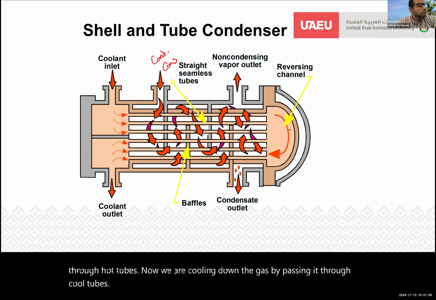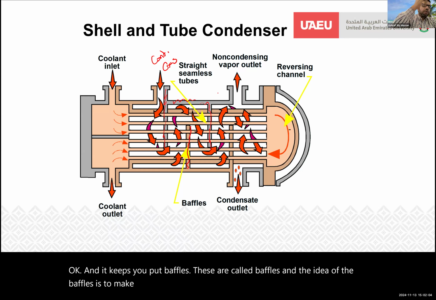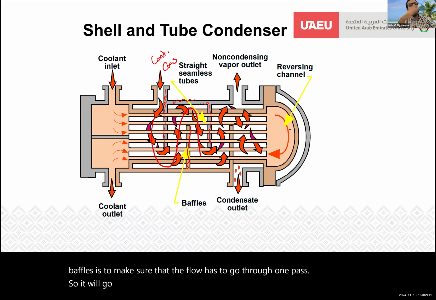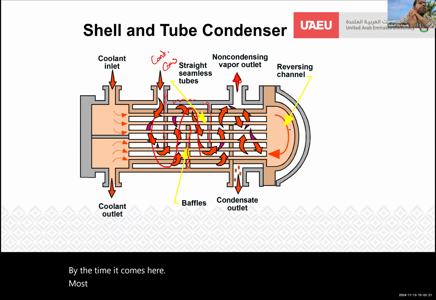Okay, and it keeps you put baffles. These are called baffles, and the idea of the baffles is to make sure that the flow has to go through one pass. So it will go through a long pass, not just go in, go out. By the time it comes here, most of the VOCs will be out of the stream.